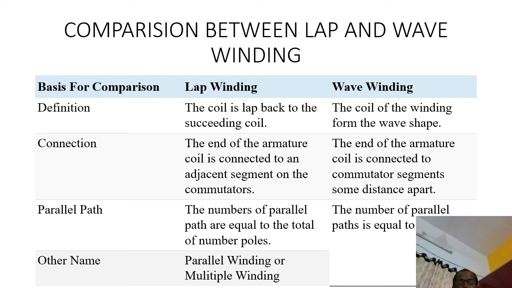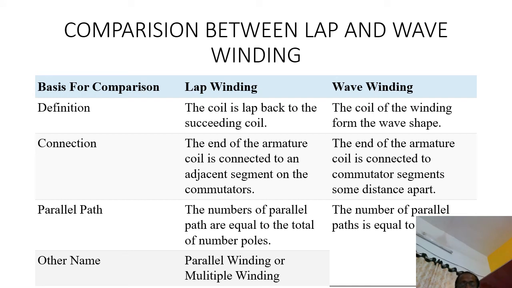Connection: in lap winding, the end of the armature coil is connected to an adjacent segment on the commutator. In wave winding, the end of the armature coil is connected to commutator segments some distance apart. The number of parallel paths is equal to the total number of poles in lap winding, and equal to 2 in wave winding. The number of brushes is equal to the number of poles, which is equal to the number of parallel paths.